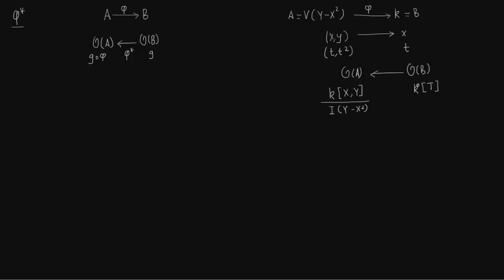So what does T map to? So this T maps precisely to the component it came from. So T maps to what it came from. It came from X. So that is what it will map to.